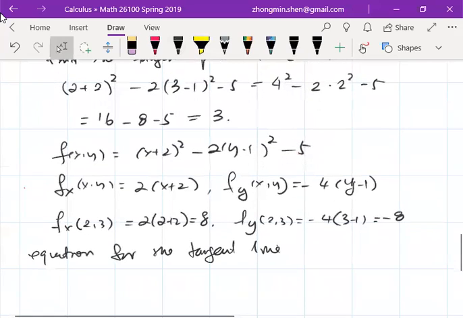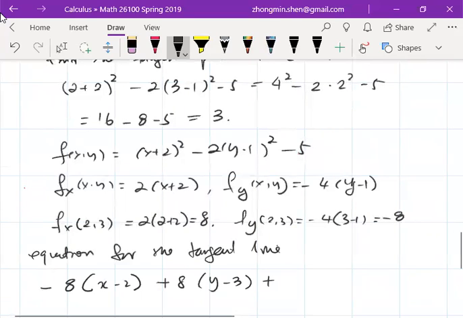This is going to be negative 8, x minus 2. No, this is a negative, yeah. Remember, this is a negative fx. Negative fy is a positive, y minus 3, and plus z minus 3 equals 0, okay?